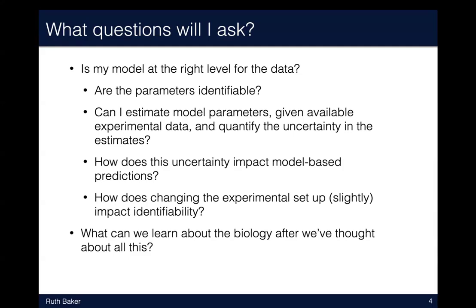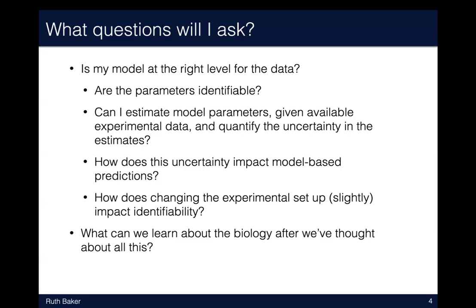And the reason I really care about that is because I care about how that uncertainty in my parameter estimates then propagates through into uncertainty in the predictions I make with my model. So if I use my model to make some predictions that I want to test experimentally, I'd like to be sure of the range of possible outcomes that I might be expecting.